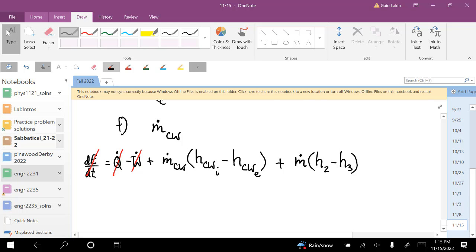And so you can rearrange this equation to say M dot for the cooling water is equal to the quantity H2 minus H3 divided by H for the cooling water at the exit minus H for the cooling water at the inlet. Shouldn't that be the other way around? Oh wait, never mind.